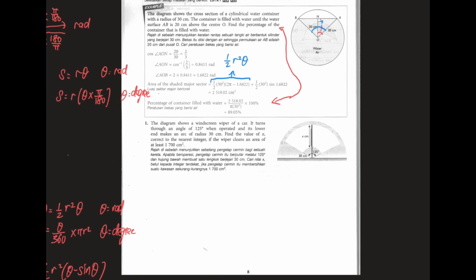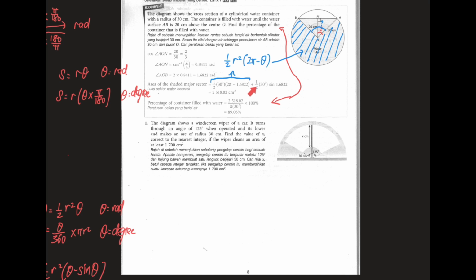When they use this formula, 1 over 2 r squared times 2 pi minus theta, following what I wrote in the note just now, you are finding the area of the major sector, the blue one, and because of that they have to add the area of the triangle.